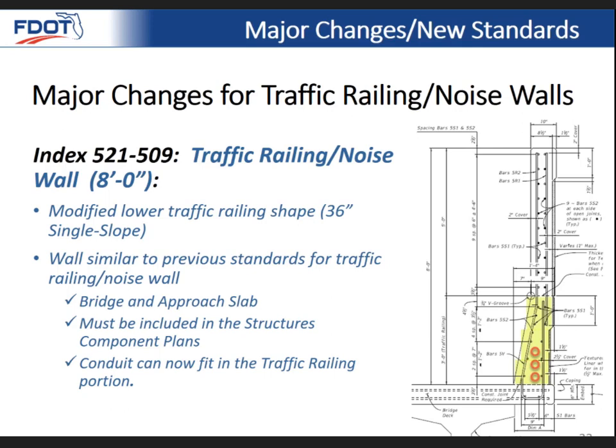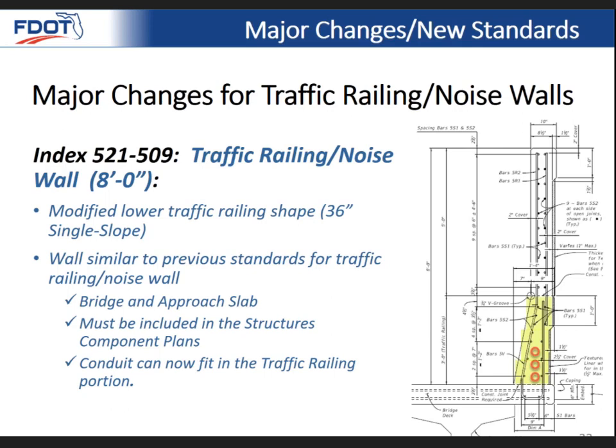For the traffic railing noise wall, 8-foot bridge mounted, and for the roadside mounted, there has been modifications to the bottom portion of the structure to match the shape of the approaching traffic railing. So that is now a single slope shape on the bottom.